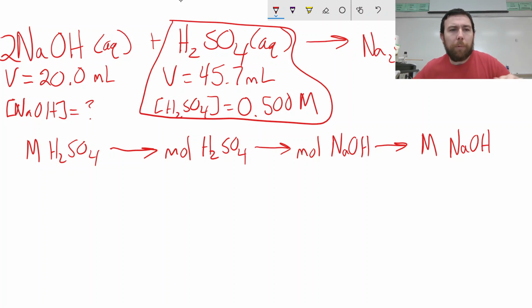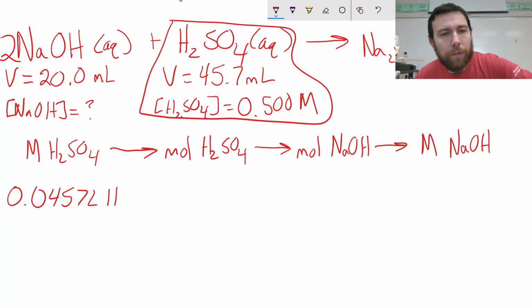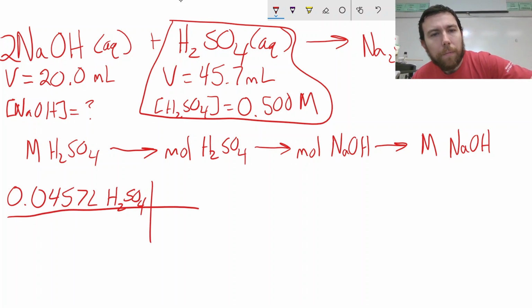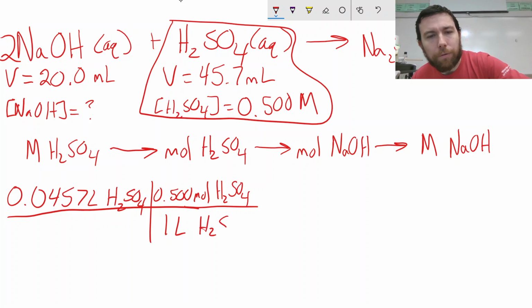Now, when we look at this, if we're starting with molarity, the good news is if I want to get to moles, I simply need to multiply by the volume that I have of that particular solution. So I can say, all right, I've got 0.0457 liters of H2SO4, and I know that I've got 0.500 moles of H2SO4 in every 1 liter of my H2SO4 solution.